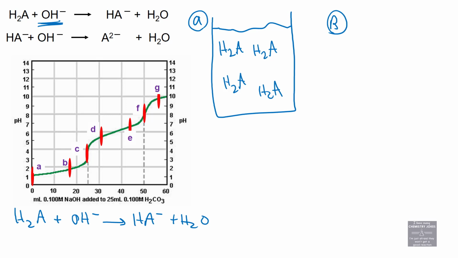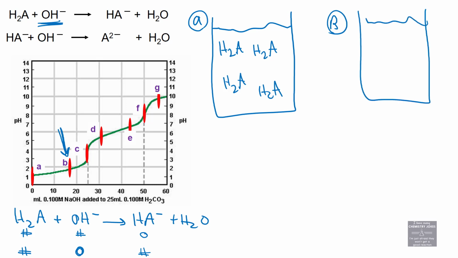At this beaker B, we've added some hydroxide, but we have run out of the hydroxide at the end of our limiting reactant table. We start with some amount of H2A. We still have some left over. We start with 0 of this, and we start gaining some. So at beaker B, we've got some H2A and some HA minus.